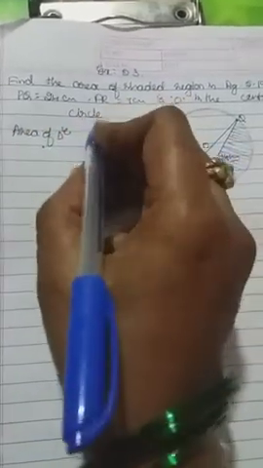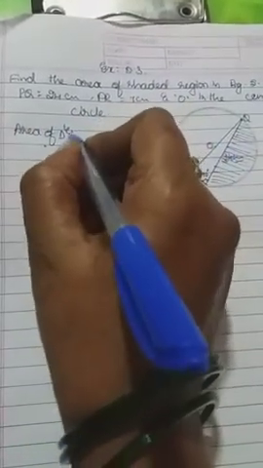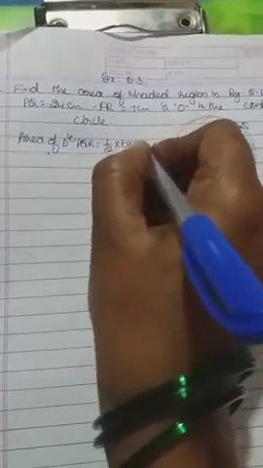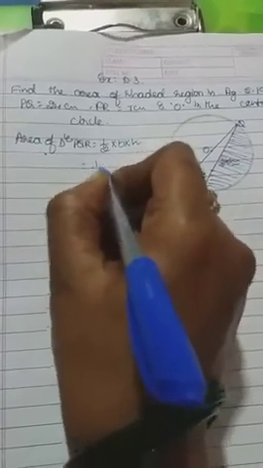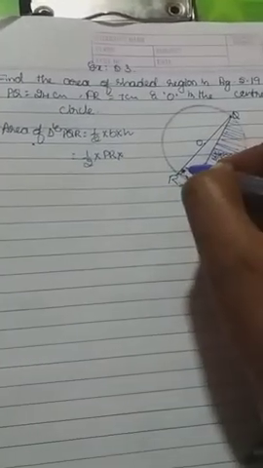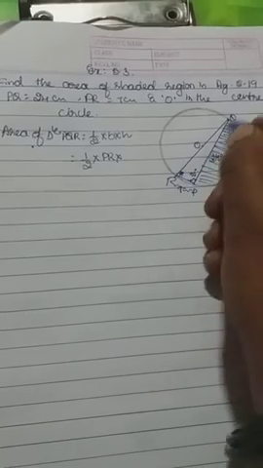Area of triangle PQR, here we can get, we know that it is half into base into height. Which is the base? PR is the base here, and the height is nothing but the QR.